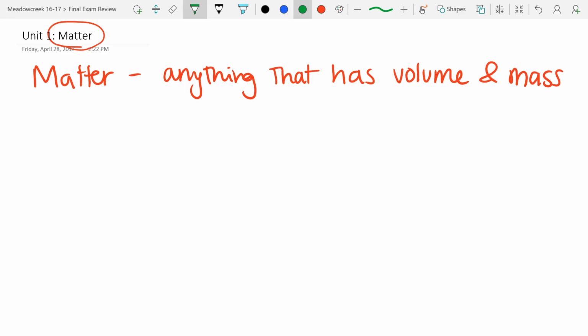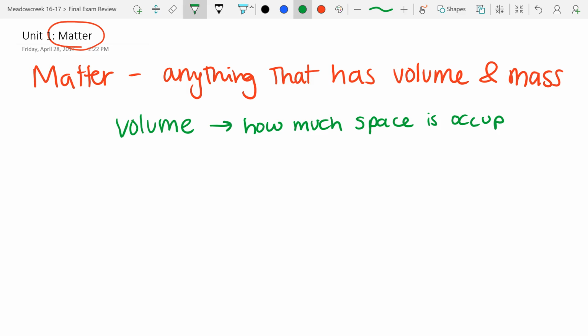So let's break it down. Volume is how much space is occupied. So if it takes up room in an area, it has volume.